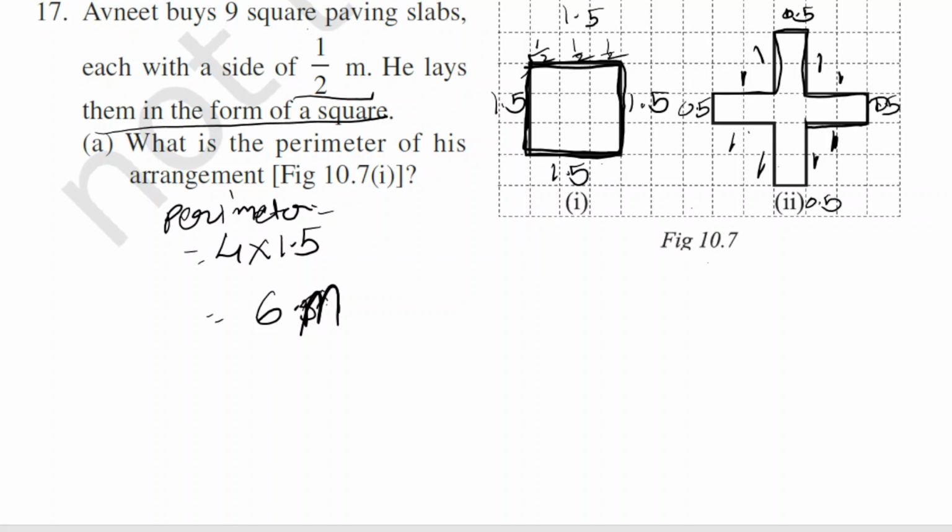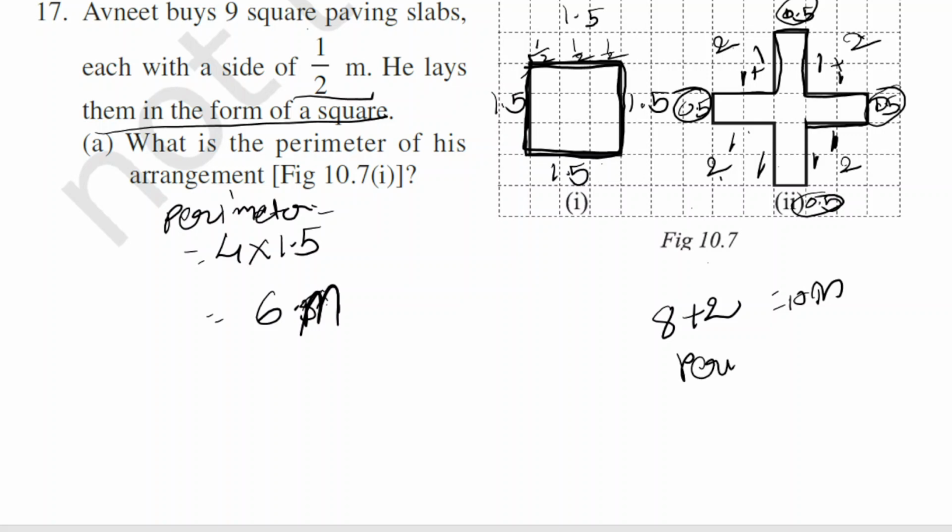So 1 plus 1, 1 plus 1, this is 2, this is 2, this is 2, and this is 2. So 2 plus 2 is 4, 4 plus 2 is 6, 6 plus 2 is 8, and 0.5 plus 0.5 is 1, 0.5 plus 0.5 is 1. So this is nothing but 2, that is equal to 10 meters. So the perimeter is equal to 10 meters.